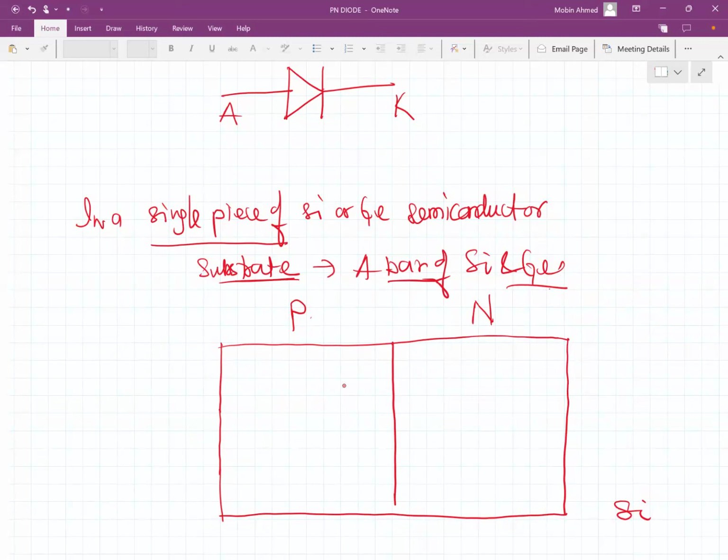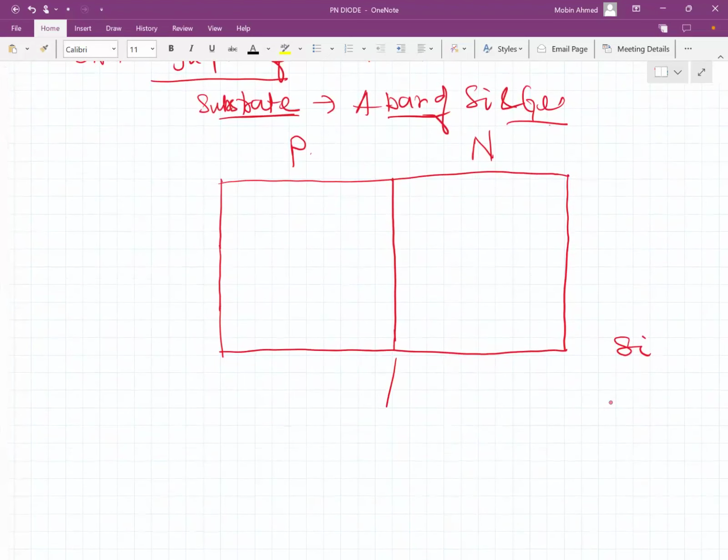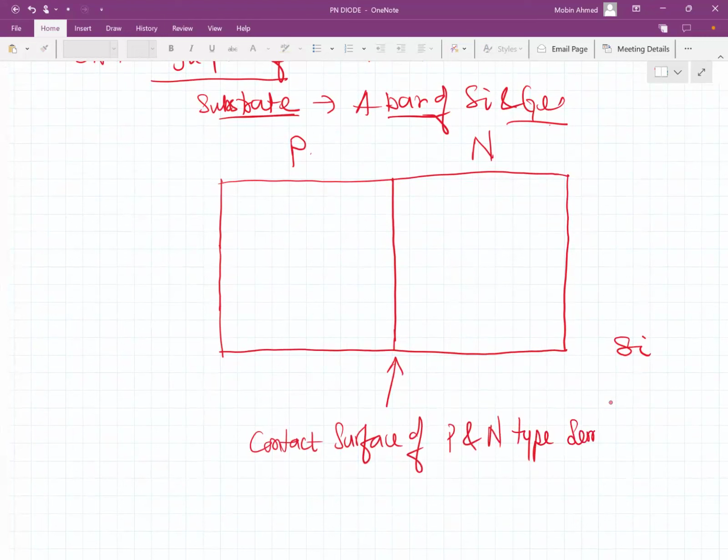If you make a semiconductor like this, the contact surface of P and N type semiconductor is known as a P-N junction. So this is the junction.